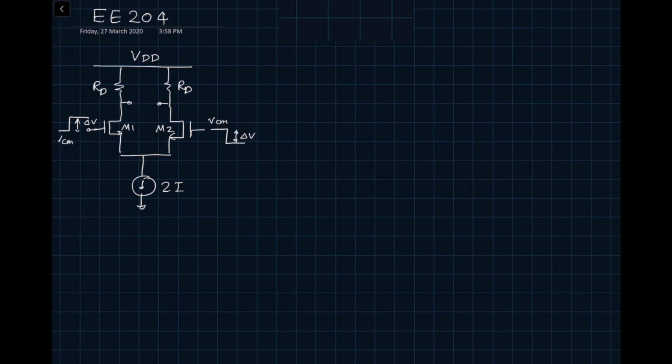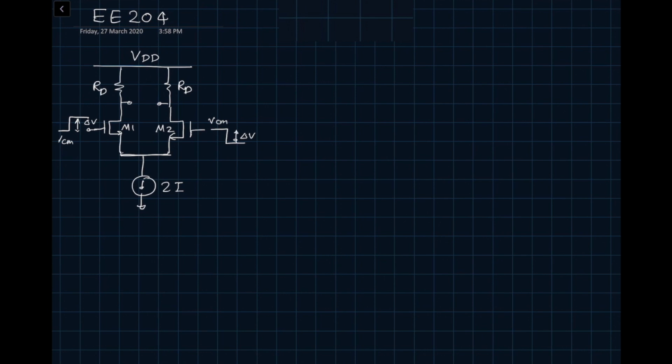So this is a fully differential input that we are applying, and we are trying to figure out how this diff pair behaves in the presence of differential input only. Based on that, we can figure out how to quickly analyze the circuit.